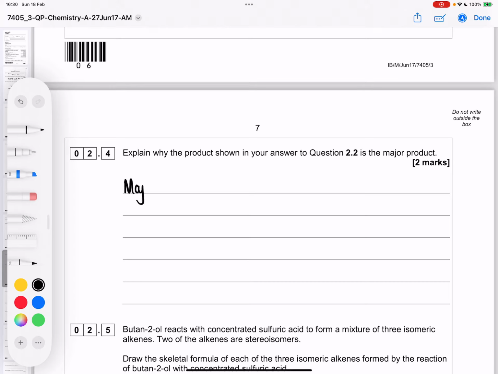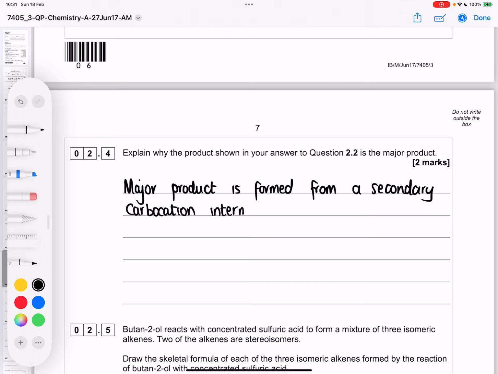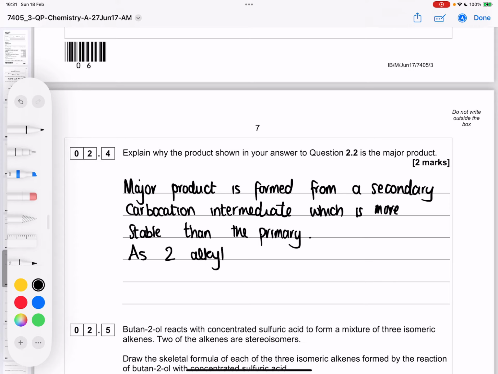So our major product is formed from a secondary carbocation intermediate, which is more stable than the primary, which would be the alternative one, as 2 alkyl groups have a greater positive inductive effect than 1.